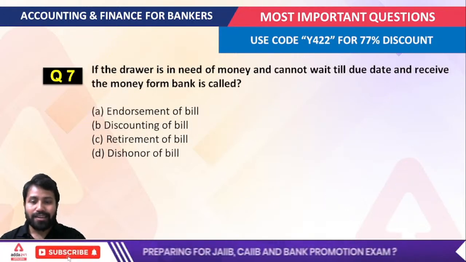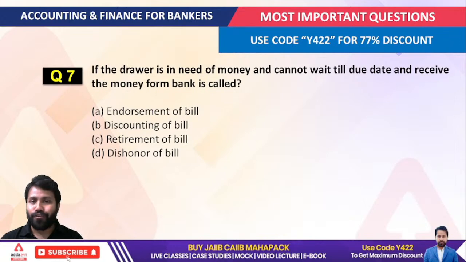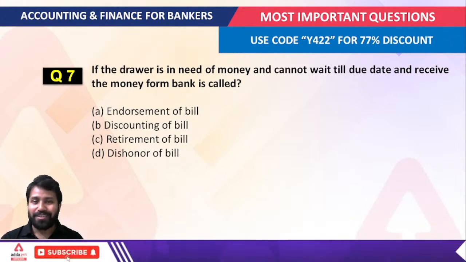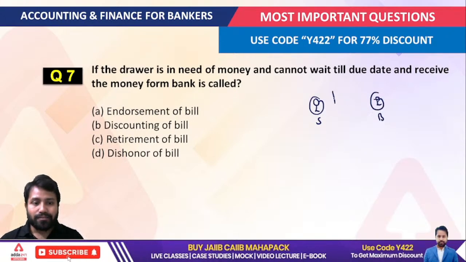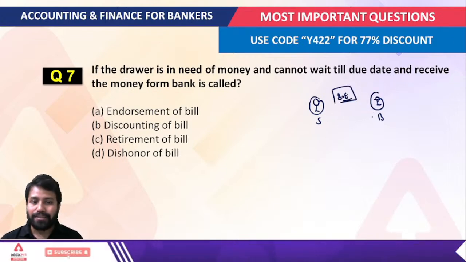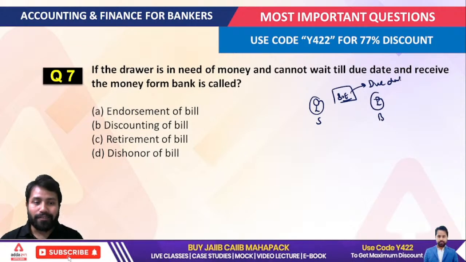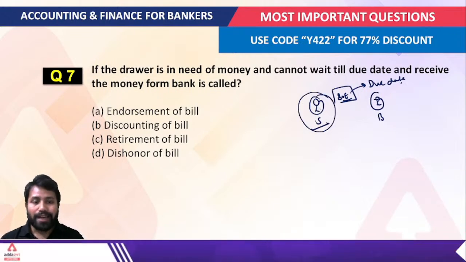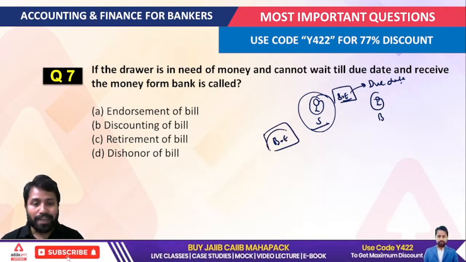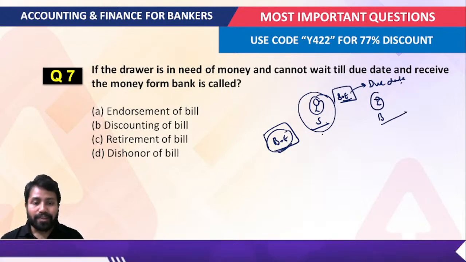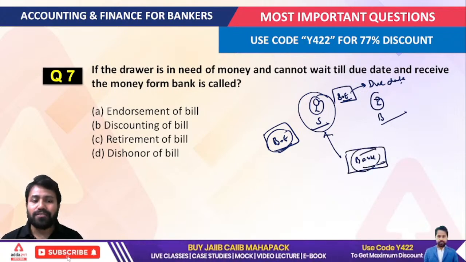If the drawer is in need of money and cannot wait till the due date, and receives the money from the bank, what is it called? Suppose this is a seller and this is a buyer, and a bill of exchange is made between them, in which the terms and conditions and the due date are all written. But the seller needs the money today and cannot wait till the due date. The seller has a bill of exchange signed by the acceptor, so the seller can get the money from the bank, and the bank charges for that.